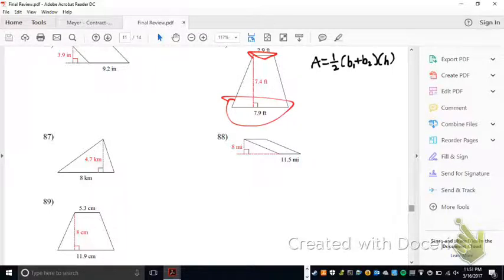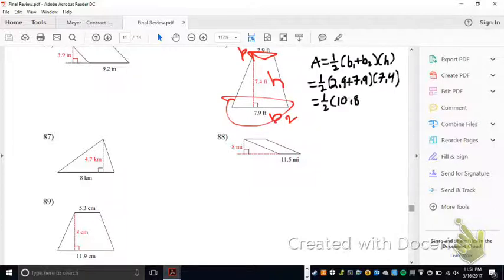Here, one set of parallel lines, slightly different equation. This is B1, this is B2, and this is my height. We plug those in: 1/2 times 2.9 plus 7.9, times 7.4. 1/2 of 10.8 times 7.4. It's going to be 39.96.